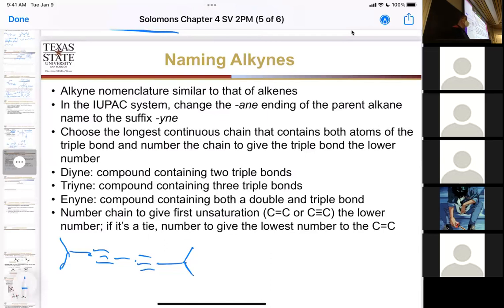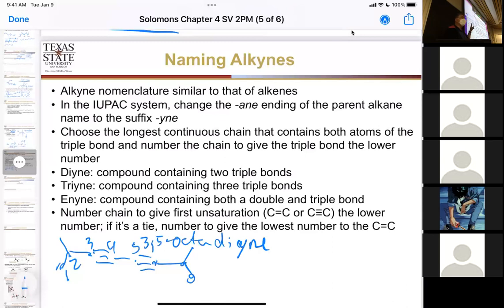So it's octane, but we have 2 alkynes, so octadiyne. We have to locate where they are. Luckily, it's symmetrical, so it's 1, 2, 3, or 1, 2, 3. That means it's 1, 2, 3, 4, 5. One of them starts on the 3, one of them starts on the 5. So we can do 3,5-octadiyne.